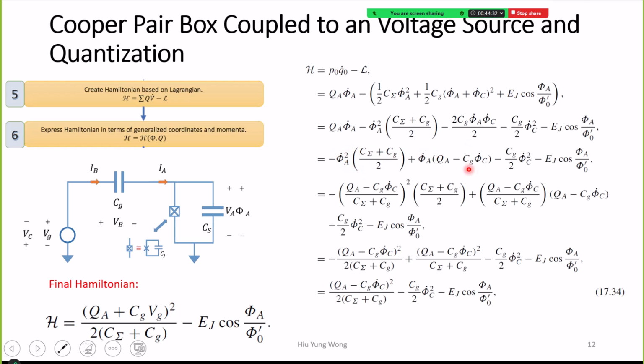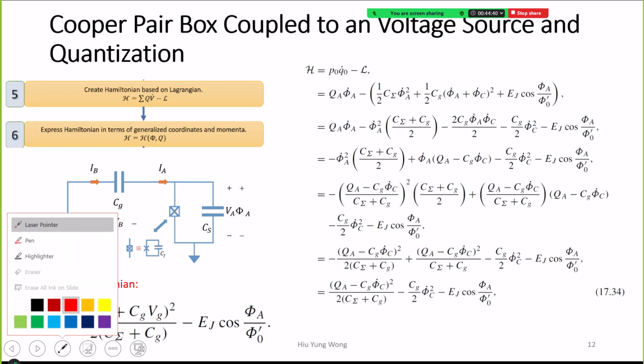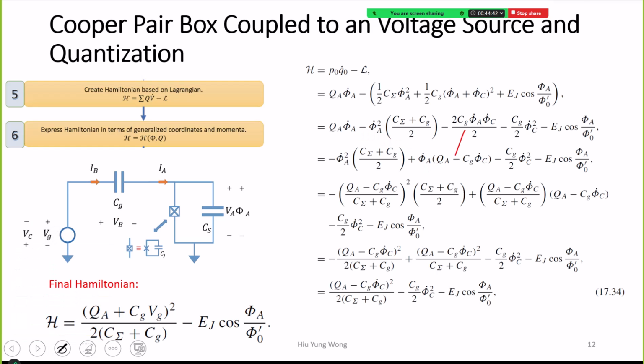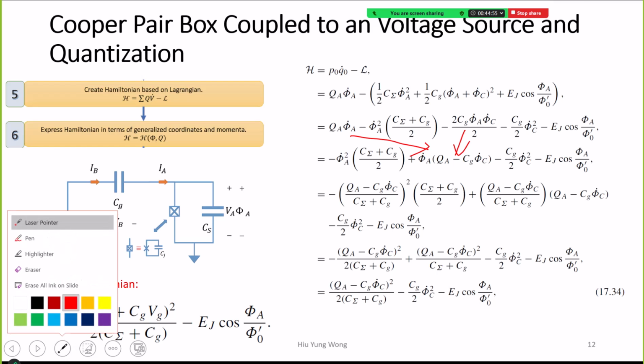Then I try to group them, group the phi A dot together, right? Maybe I can write it down so it's easier, or you can read the textbook, right? I try to group them, take out the phi A dot, then you have QA minus CG phi C dot, right? And finally, here I substitute the equation, right?